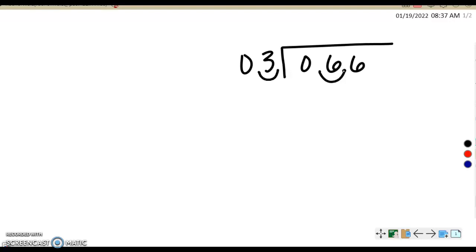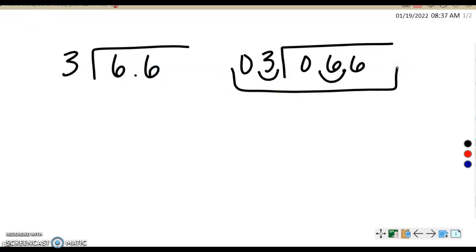Now I'm just going to rewrite this so that the decimals are in the right spot. Really now this problem has turned into 3 divided into 6.6. We moved the decimals around, mirrored each other from the inside and outside, and now we can actually solve the problem because we have a whole number on the outside.